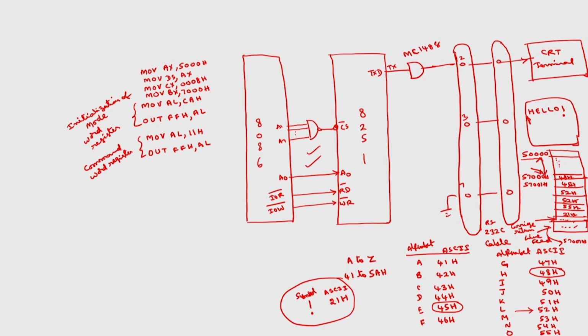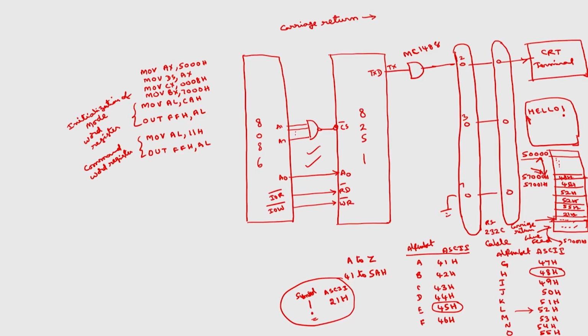So, we have to transmit the data HELLO followed by this symbol. Then I have to transmit carriage return as well as line feed. The purpose of the carriage return is to set the screen.